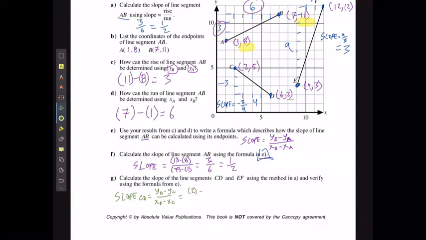The y value at C was 5. The x value at D was 6. And the x value at C was 2. 2 minus 5 is going to give me negative 3. 6 minus 2 is going to give me 4. And this slope matches the slope that I found.